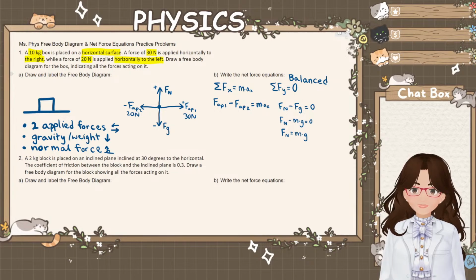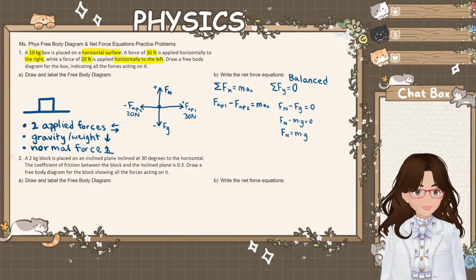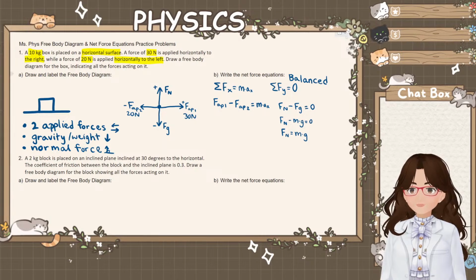For our other piece though, we can actually solve for the acceleration on the box, which is cool. Because they gave us numbers, we can go ahead and do that. We could also solve for normal force, right? But in this case here, we would go ahead and put in our applied force, which is going to be 30 newtons, minus 20 newtons, is equal to the mass of the block, which we're told is 10 kilograms, times our acceleration.